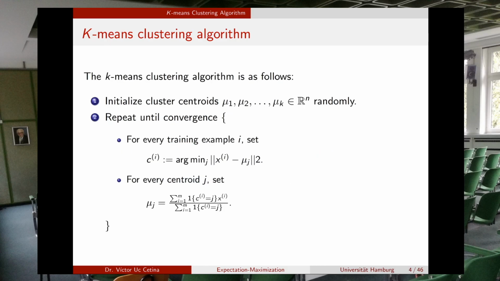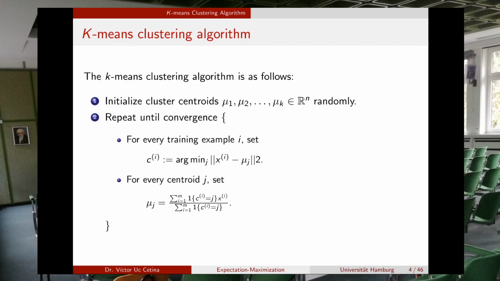So the k-means clustering algorithm is as follows. You initialize some cluster centroids. In this case, we are considering that we will initialize with k centroids. And when we decide about the value of k, we are making a hypothesis that there are only k clusters in our data, and this is why this is called k-means.